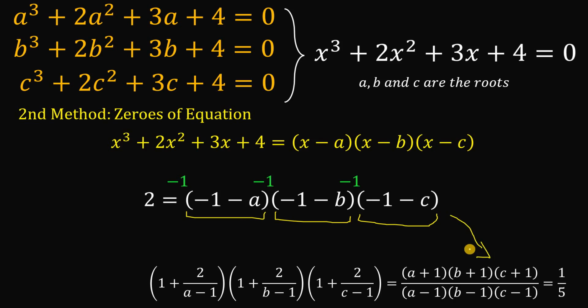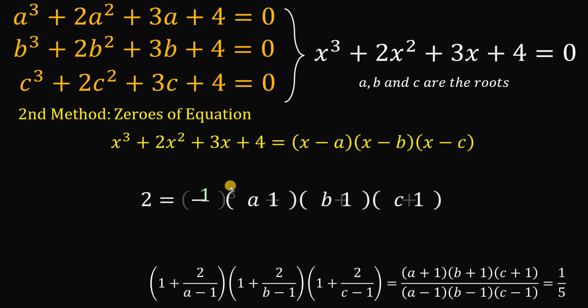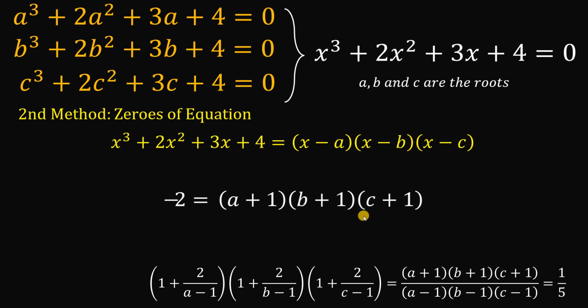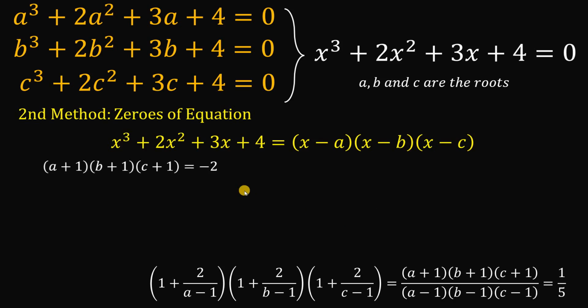So the right-hand side is negative 1 raised to the power of 3, because we have 3 negative 1s, multiplied by a plus 1, b plus 1, and c plus 1. Negative 1 cubed is just negative 1. Now multiply both sides by negative 1. So the value of a plus 1 times b plus 1 times c plus 1 is negative 2. Let's set aside this result.